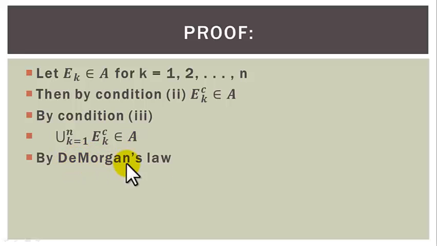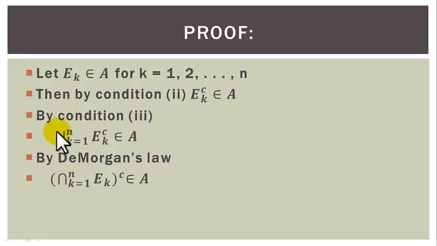Then by De Morgan's law, the union of the complement is equal to the complement of the intersection. That is, this union is equal to the complement of the intersection of Ek as k goes from 1 to n. That's what De Morgan's law says.